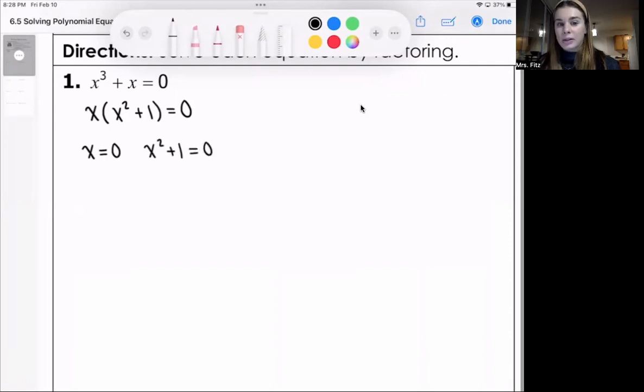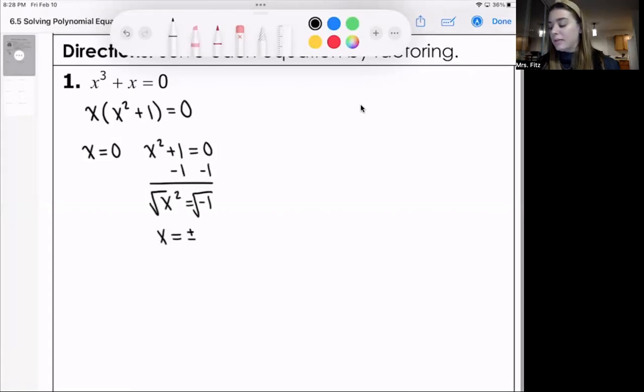Now from here, looking at that x squared plus 1 equals 0, I would say we should definitely use the square root method. So let's get x squared by itself. Subtract 1. x squared equals -1. Our next step is to square root both sides. x equals, now be careful, whenever you square root both sides of an equation, you need to have a plus or minus in front.